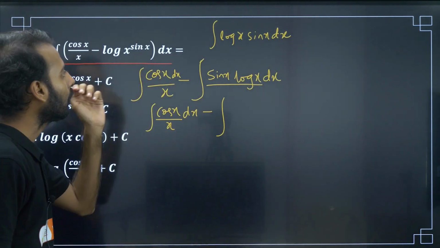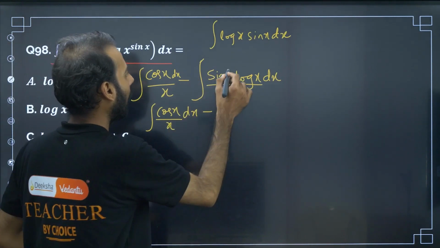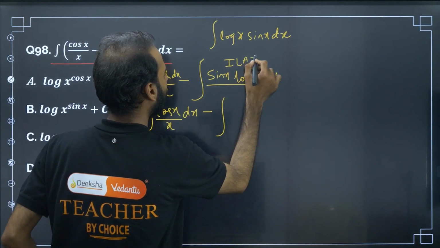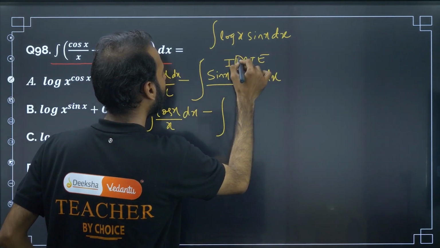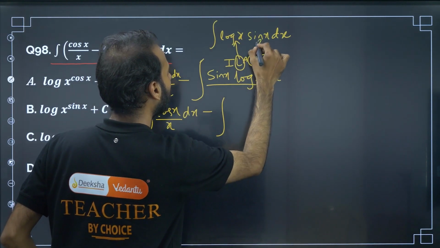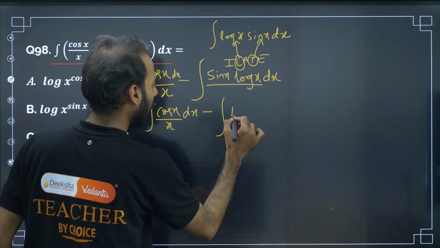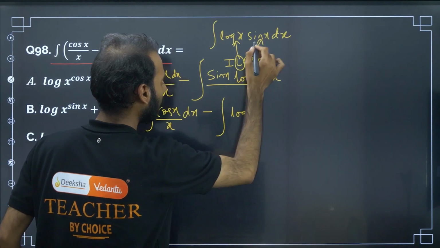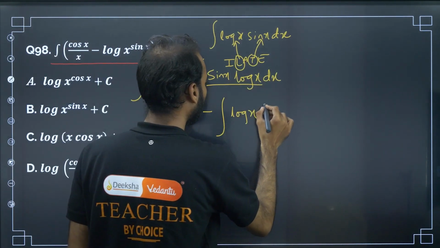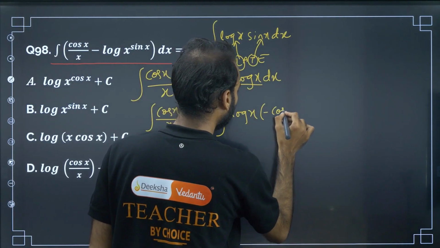Why am I doing this? Because of ILATE: logarithmic function should be first, trigonometric next. Now first function as it is, integration of sin is negative cos x.